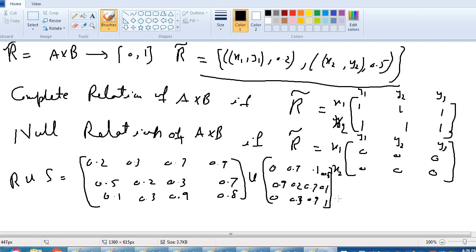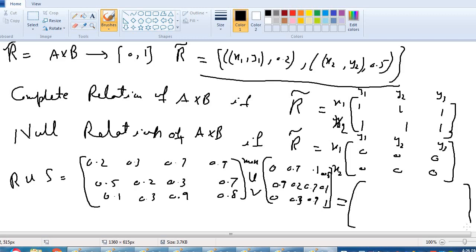Now we take its union. What will be the union of these two? For union we usually apply the max t-norm. So we are just taking their maximum. We are taking the max of both these relations.